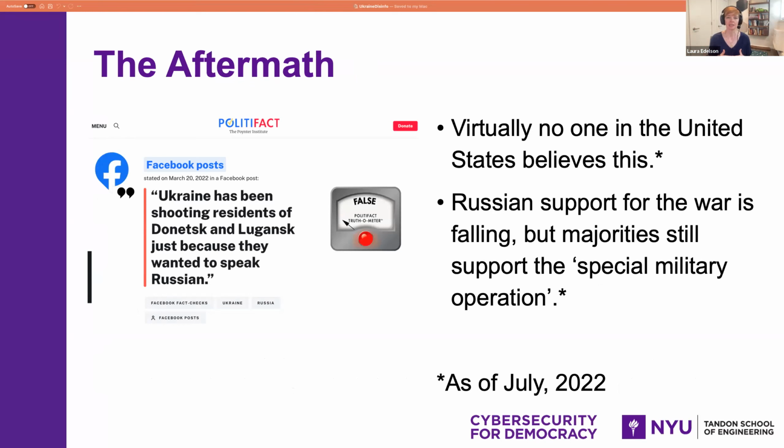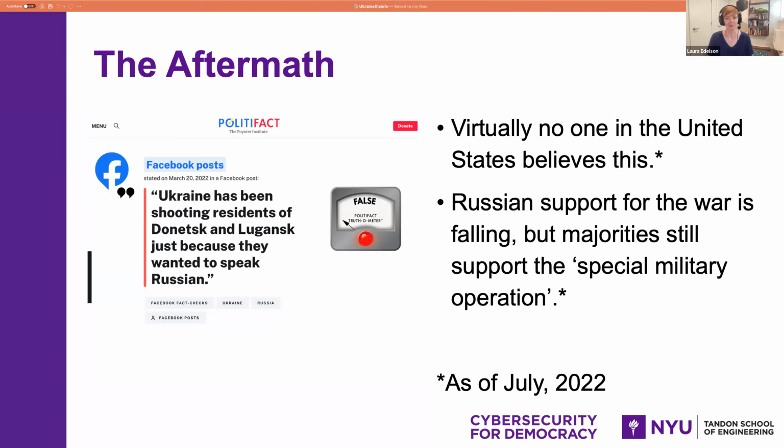At least in the United States, polling says that virtually no one believes this narrative. Unfortunately, polling data from inside Russia is really hard to come by and even harder to trust. But there is polling data that is believed to be fairly reliable, showing that a majority of Russians still support the war overall. And that indicates that likely many Russians also believe this motivating reason for the war itself.